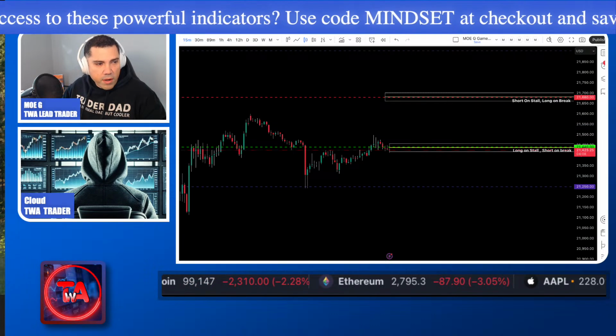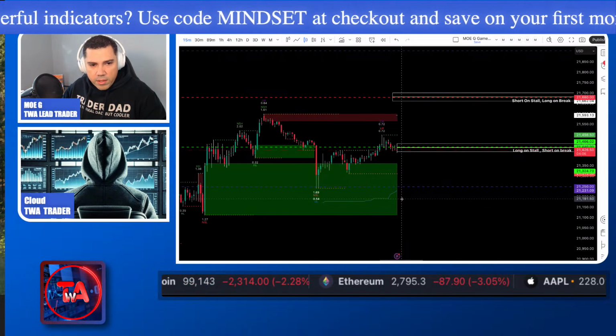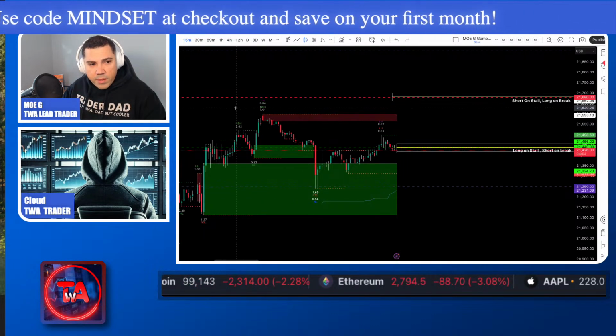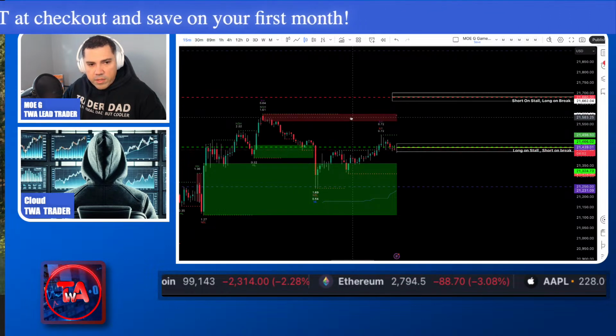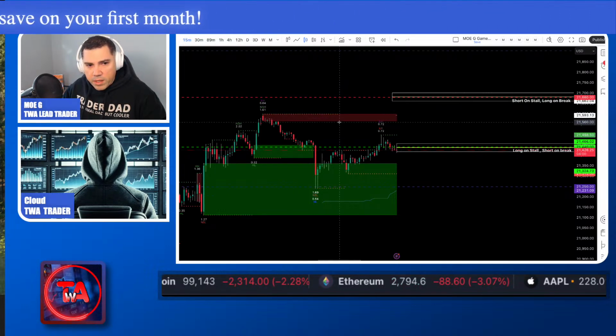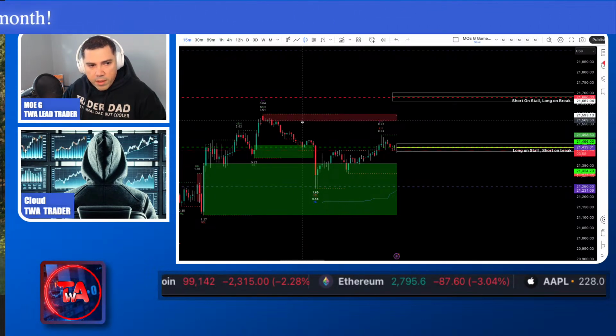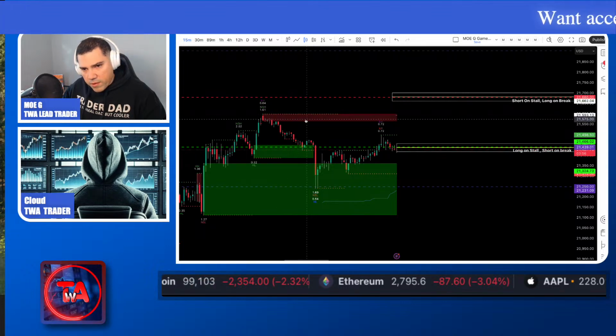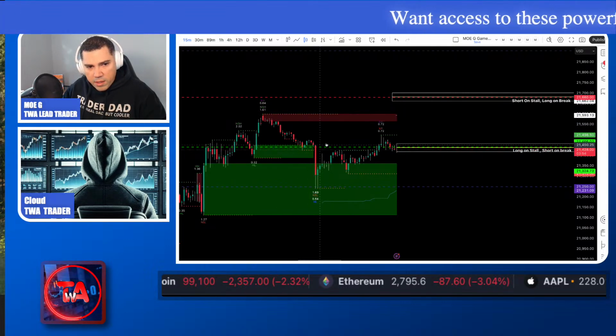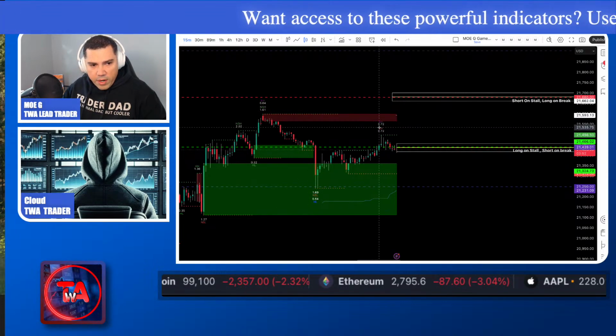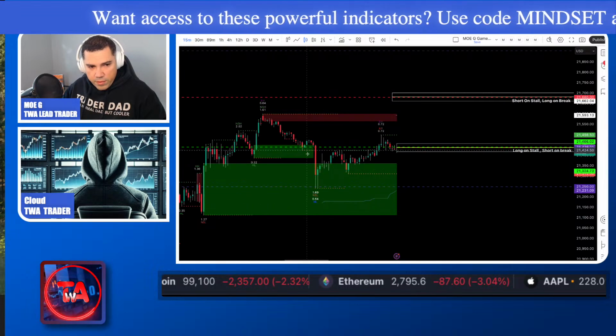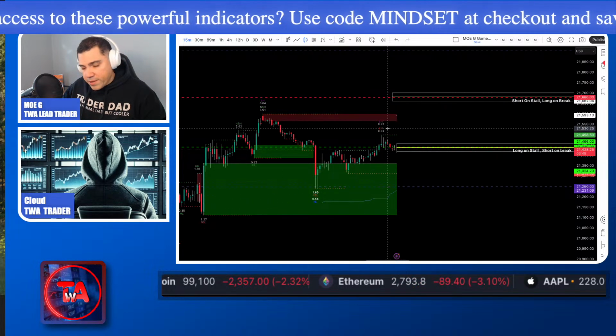Now let me put on the market structure so you can see presently we have a resistance box just above, in the 580s area. See how we have a lower high? So we had a new structure low, lower high.